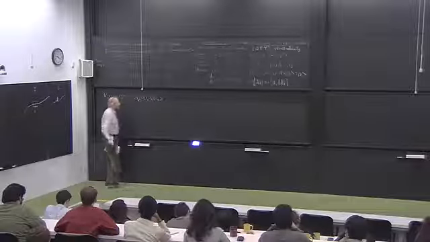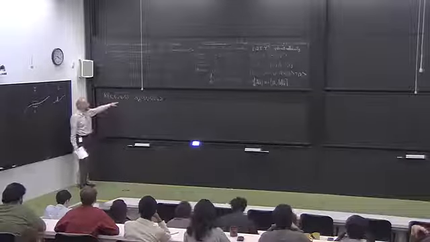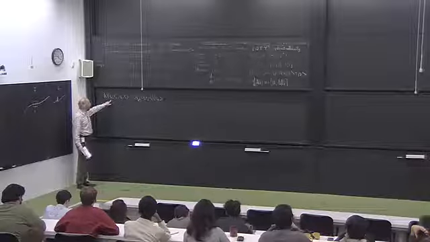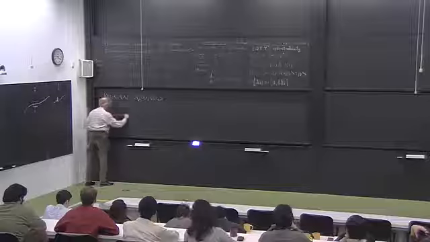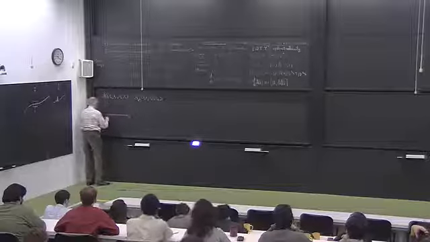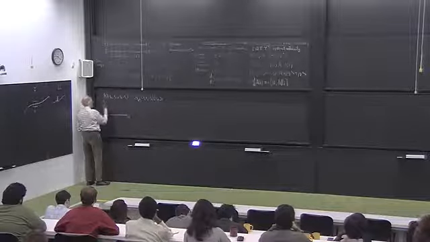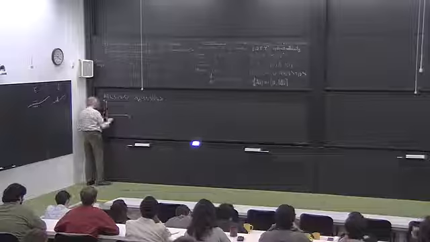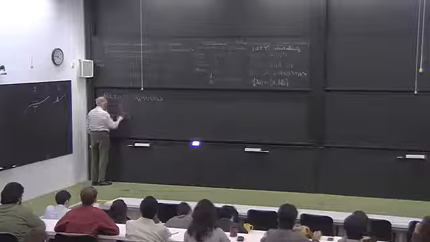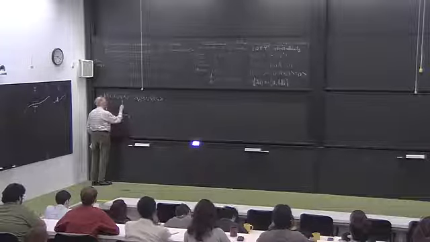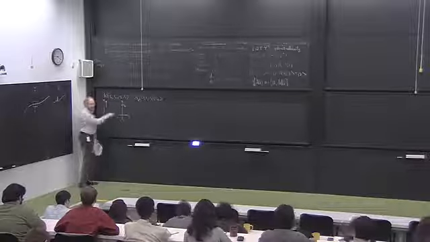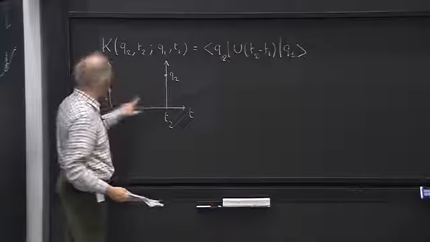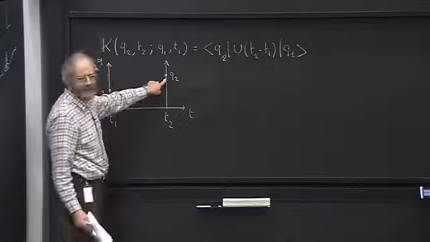This propagator, this matrix element of the evolution operator, describes the probability amplitude for a particle which is at time t1 at a position q1, conditioned to be at time t2 at position q2. What is the probability amplitude for a quantum evolution going from that?